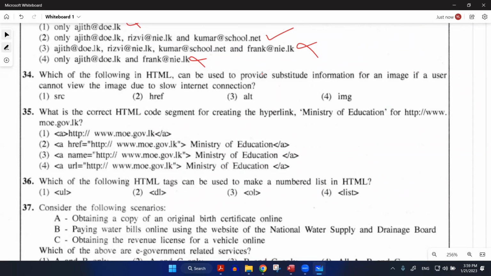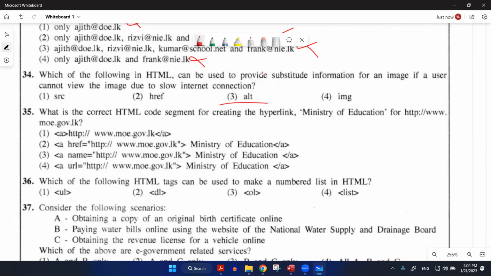So that means you can see the alternative text, which goes under the ALT attribute, right? So the third one. SRC is defining the source. Href, we don't use it in the image tag. IMG is the tag name, right? So the ALT, the alternative text, is going to be displayed.